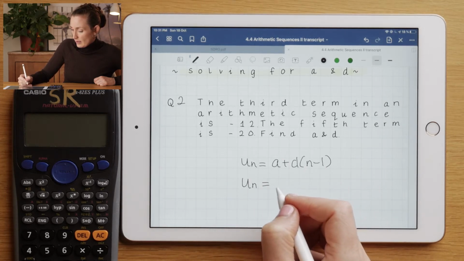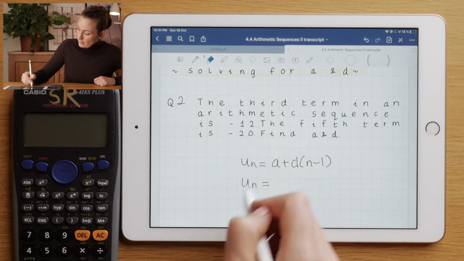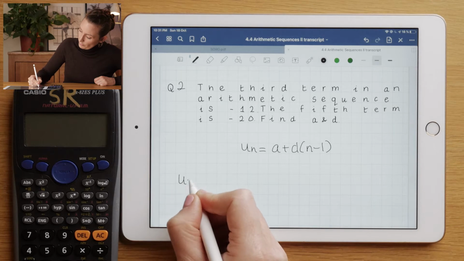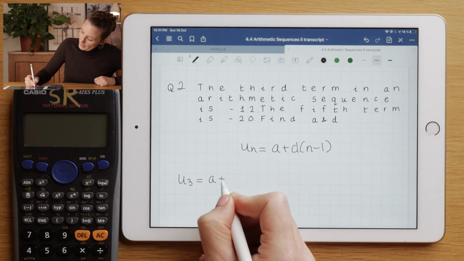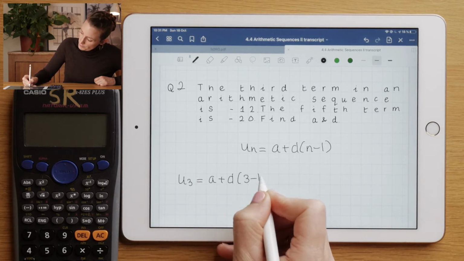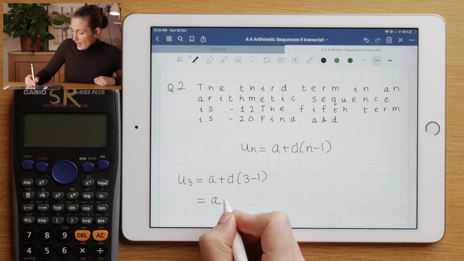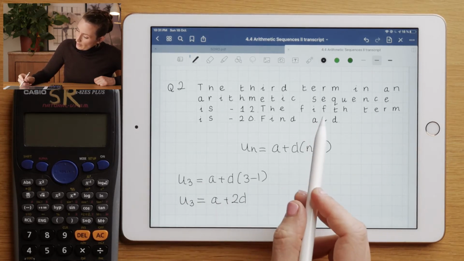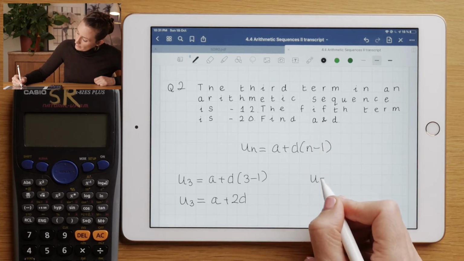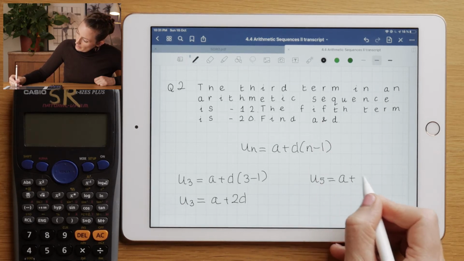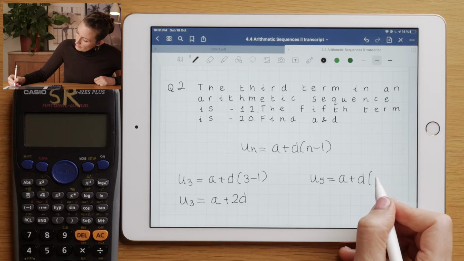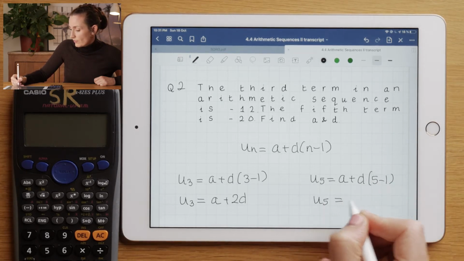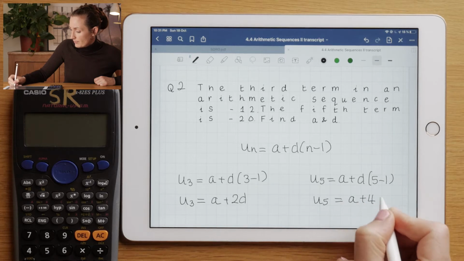So u3 will be a plus d times 3 minus 1, which will be a plus 2d. And the fifth term, u5, will be a plus d(5 minus 1), which is a plus 4d.